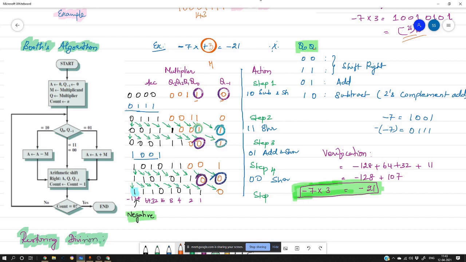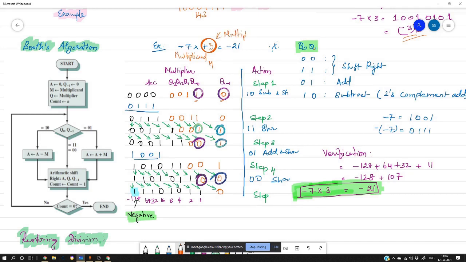This is the example taken. So what is the multiplier and multiplicand here? If the problem is minus 7 into plus 3, minus 7 is the multiplicand. So you have to subtract the multiplicand, and 3 is the multiplier.